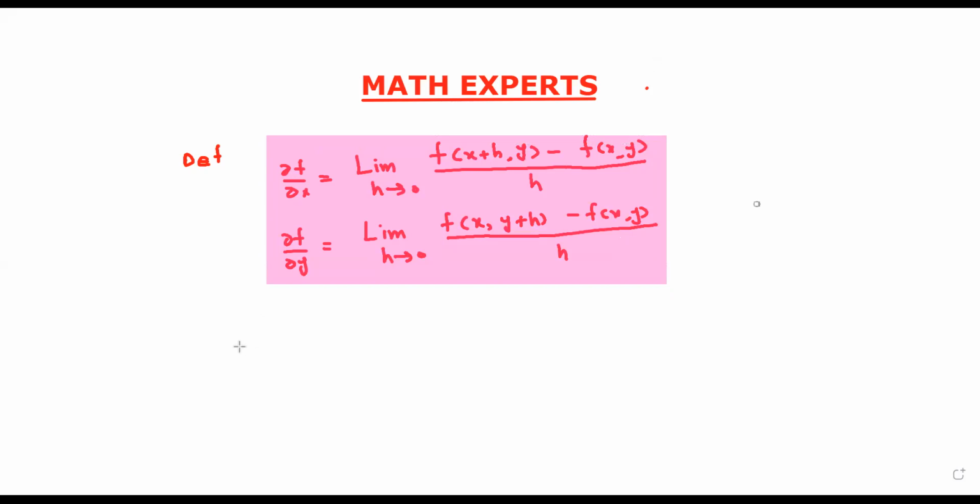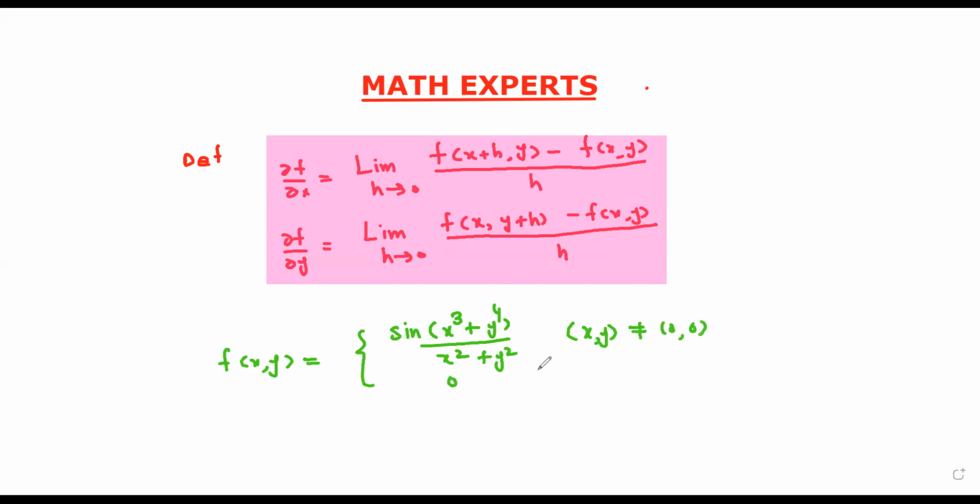Now I will write the question for you. f of (x, y) is a piecewise function, which is sine of (x cubed plus y to the power 4) over (x squared plus y squared) when (x, y) is not equal to (0, 0), and 0 when (x, y) is equal to (0, 0).